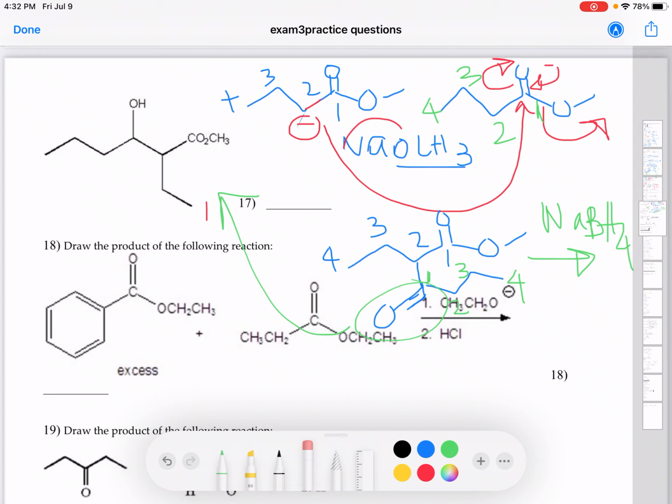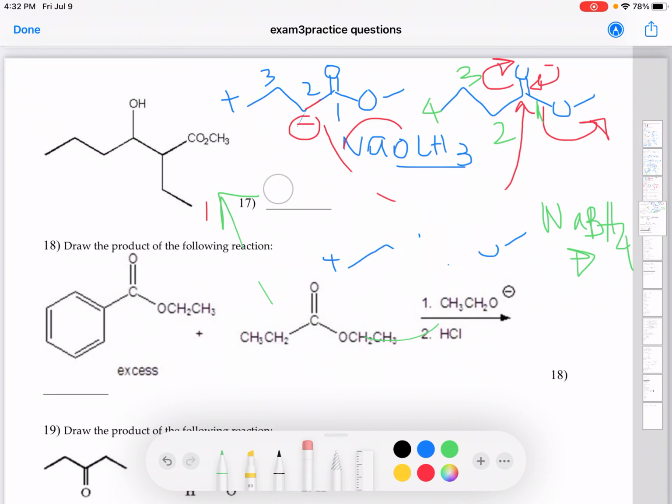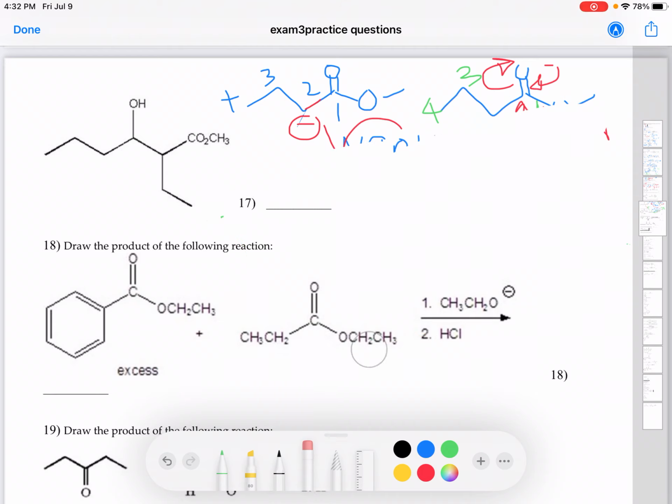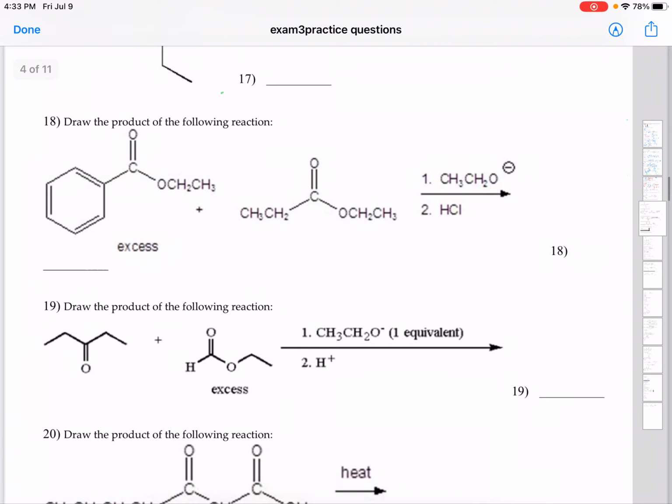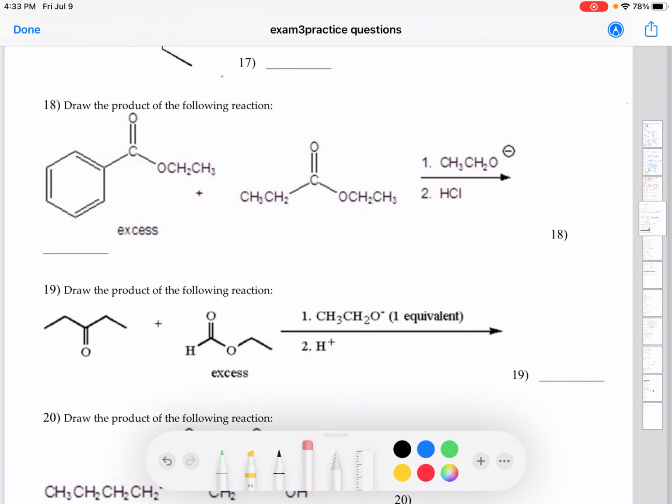That's number 17. Number 18, draw the product of the following reaction. Again, that looks like a Claisen condensation. Now you know what's happening in Claisen. So the first molecule does not have an alpha hydrogen. So then the second molecule is the one where we should create a carbanion.